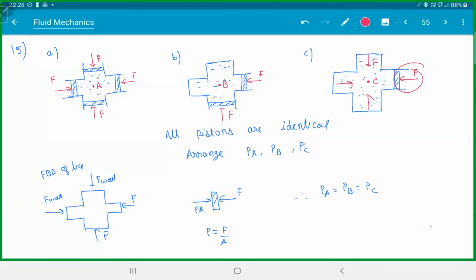Are you getting the point? The wall is also exerting a force which is the same as this force. You are just not seeing it. Is this clear, everyone? This is a good question. This was a mains question. People think there are 4 forces, so the pressure should be more. Check it out.